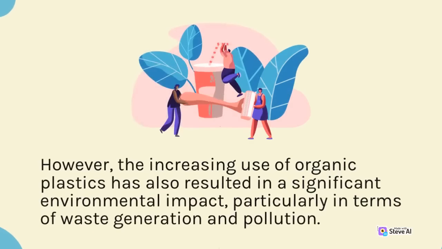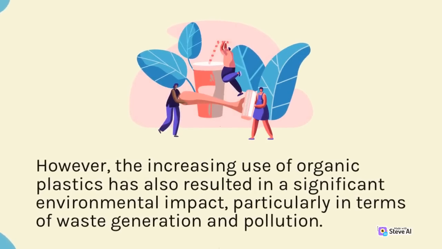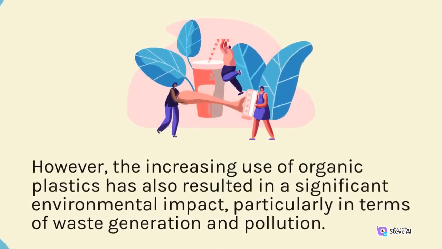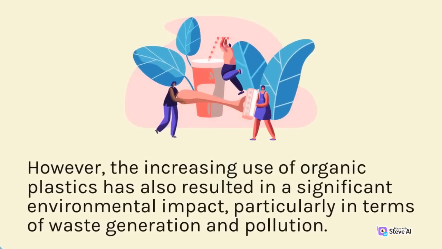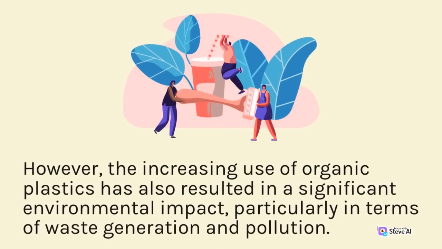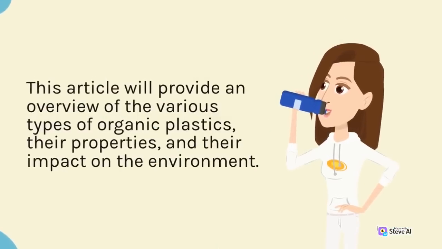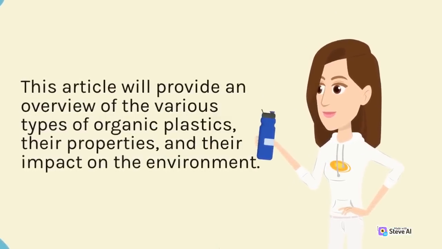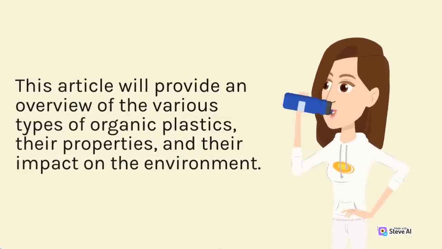However, the increasing use of organic plastics has also resulted in a significant environmental impact, particularly in terms of waste generation and pollution. This article will provide an overview of the various types of organic plastics, their properties, and their impact on the environment.